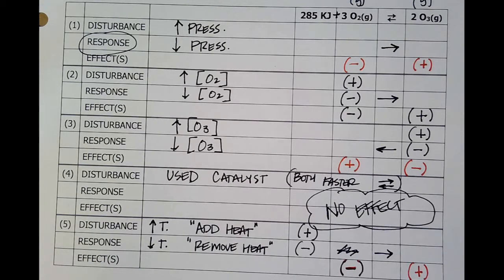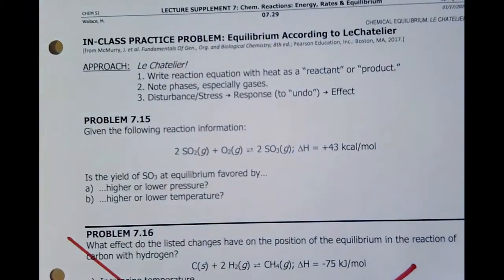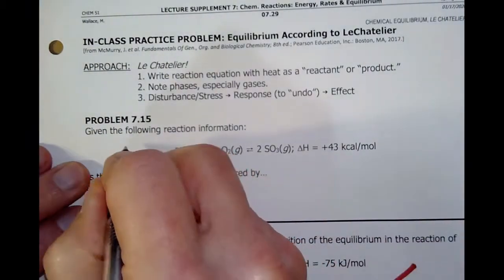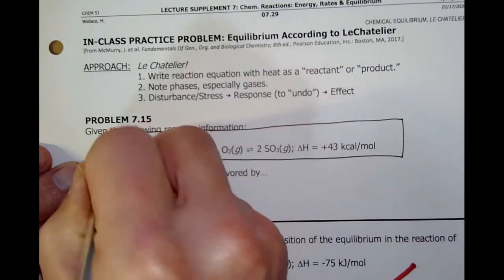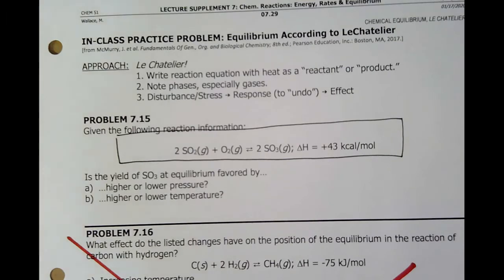Now, let's do this again and break it down even to a finer detail. Well, let's do this example. Page 7.29. Here's my reaction happening inside a vessel. There's my little box.